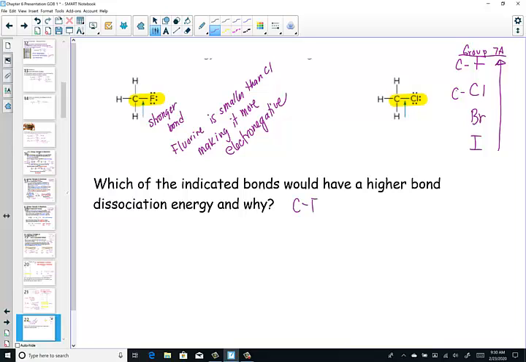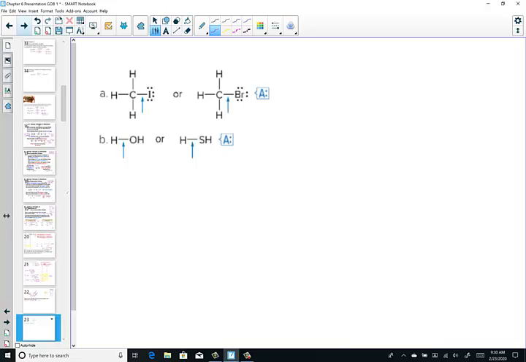The CF. And our reason? Well, because fluorine is a smaller atom than chlorine, making it more electronegative. So ultimately your answer is, well, that's the stronger bond. It's higher up as a smaller atom. How about you try these two? Pause the video and just ask yourself, which one is the stronger bond and why?